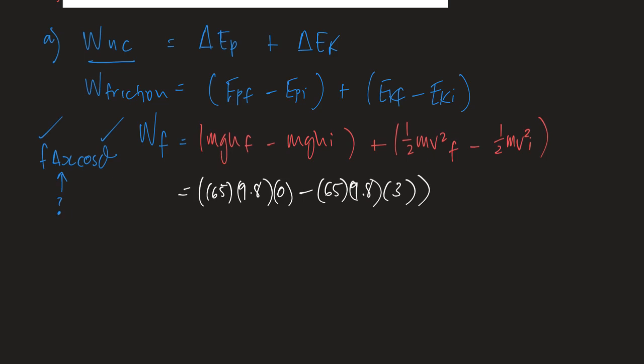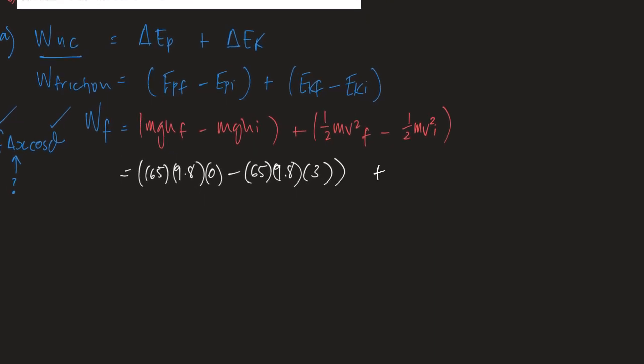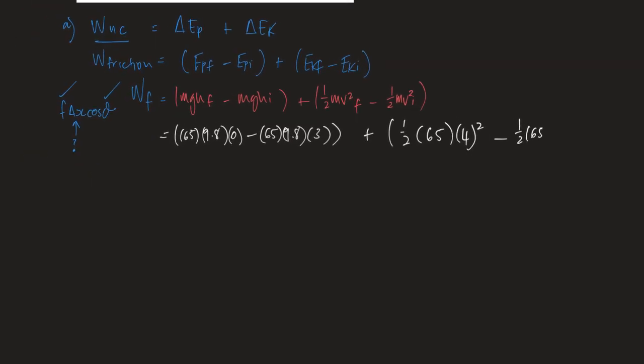All of that is in one bracket, plus a half times 65 times 4 squared for v final, minus a half times 65 times 1 squared, and that's all in its brackets.